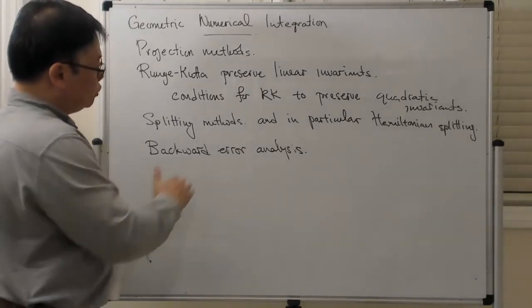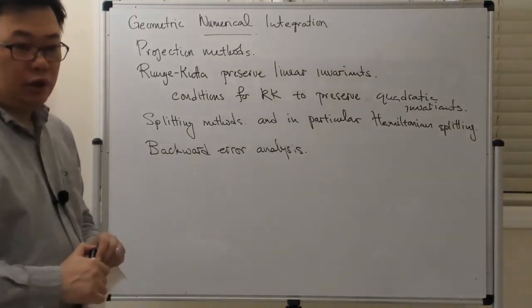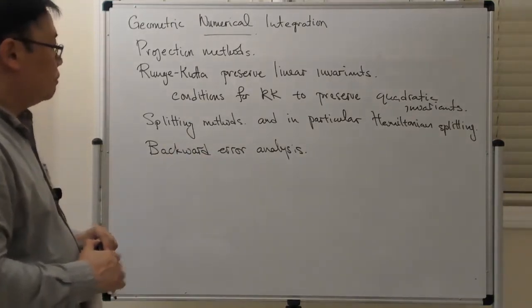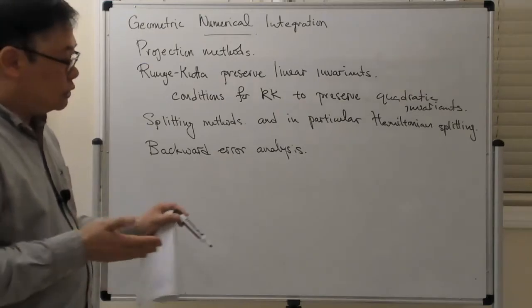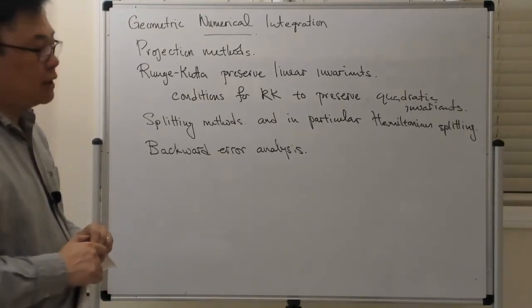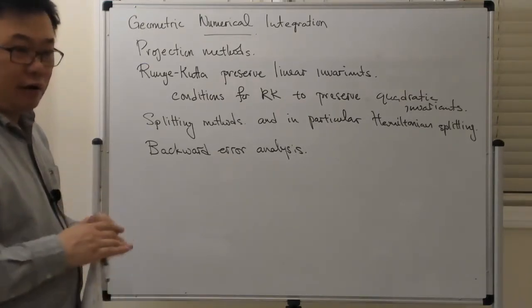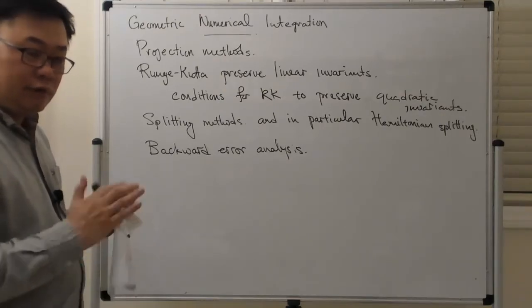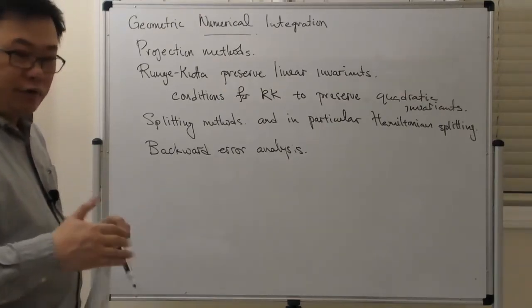Okay, so in particular, for example, when we talked about symplectic integrators applied to Hamiltonian systems, we found that the modified equations associated with symplectic integrators were themselves Hamiltonian, right?